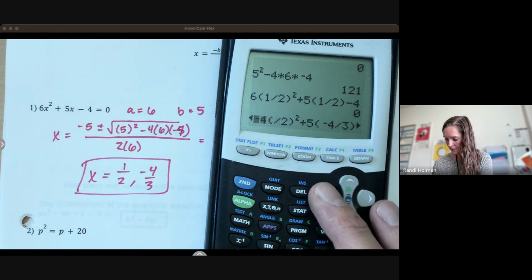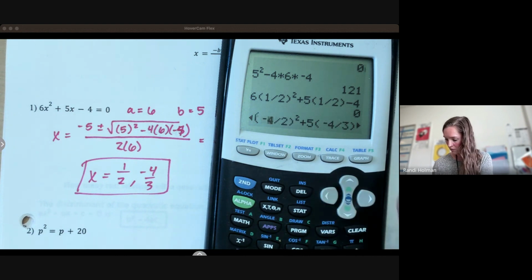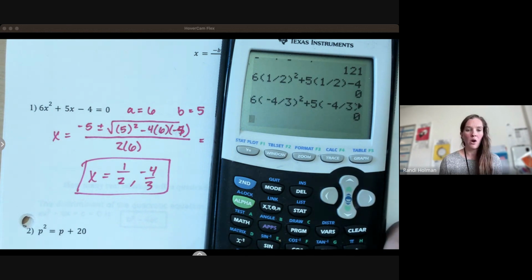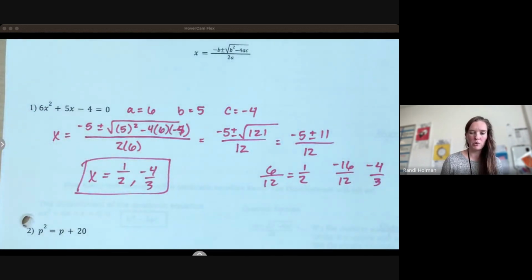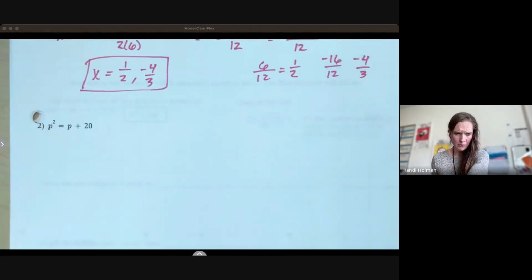Let's try that again. -4/3. We should get 0 as well. Okay, so always a great idea to check your answer. It's a little more complicated when there's a radical in there, but you can still use your calculator to check it. Okay, so let's try a couple more here.